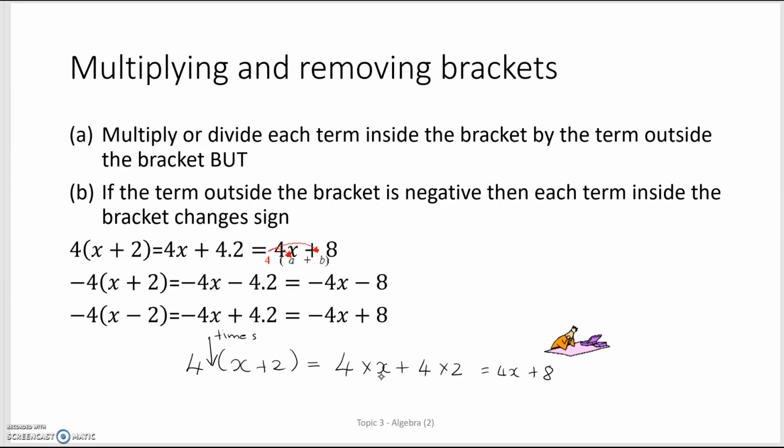And if we've got the negative number there, we just have to be a little bit careful, because negative 4 times x plus 2 is negative 4 times x plus negative 4 times 2, which is negative 4x plus negative 8, which would be minus 8.